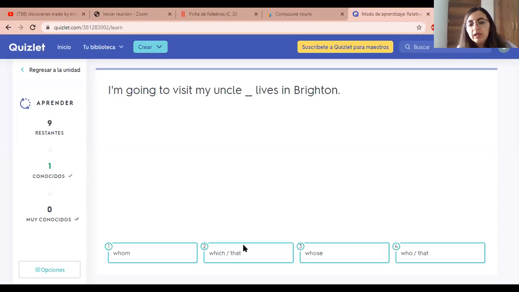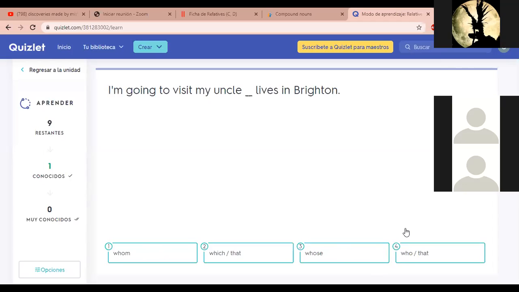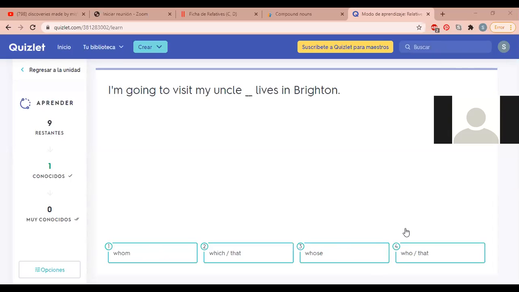Okay, now you're going to see on your screens a question, and we have 4 different options to choose. So I'm going to ask some of you to help me with the answer, okay? Please, Ronnie, que no ha participado todavía. Can you help me with the answer of this sentence? I'm going to visit my uncle who lives in Brighton.